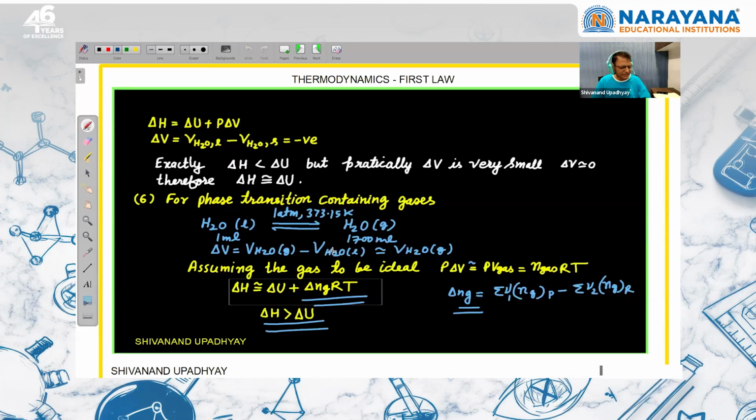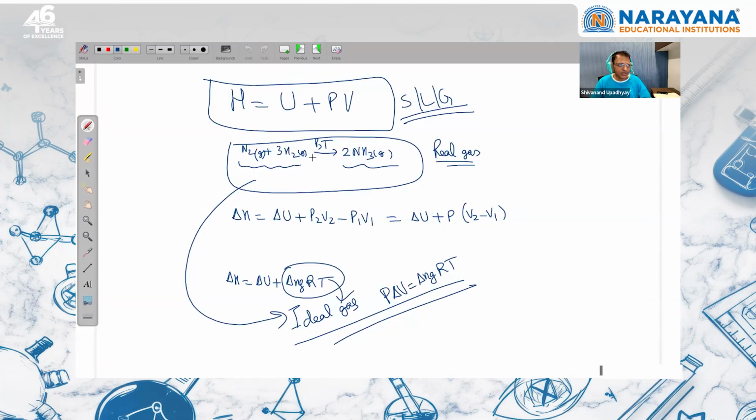So based on that, matlab chemical reactions, when you are studying, either the reaction is taking place at constant pressure or temperature, or the reaction is taking place at constant volume and temperature. When the same reaction is taking place at constant volume and temperature, in the same way you can write the relation. Here you have to write delta H is equal to delta U, plus अगर वॉल्यूम कांस्टेंट है तो you can write volume is constant and P2 minus P1, P final minus P initial, you can write like this.